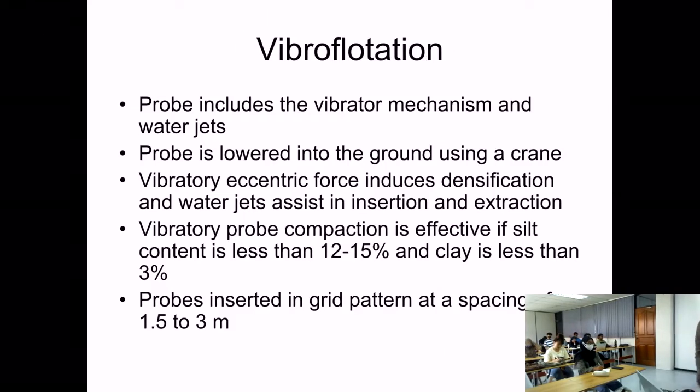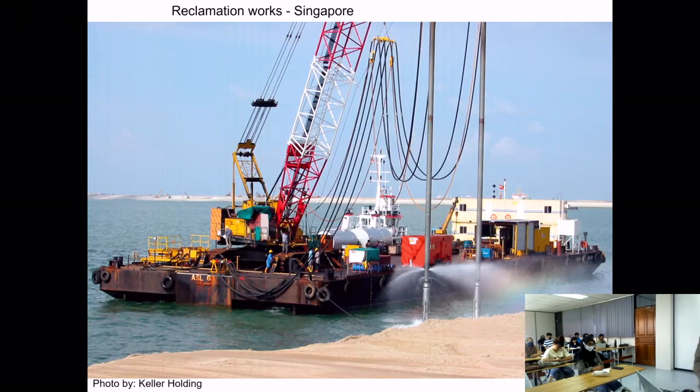This is similar to vibration probe compaction. It's just that it's a combination of vibration and water jet. You see, this is in Singapore again during reclamation. So when you bring in soil as a reclamation material, it is in loose condition.